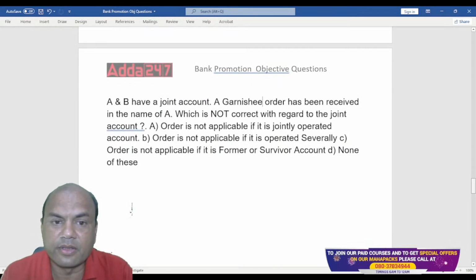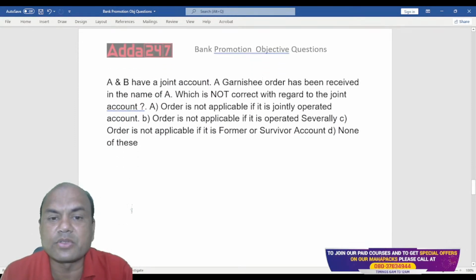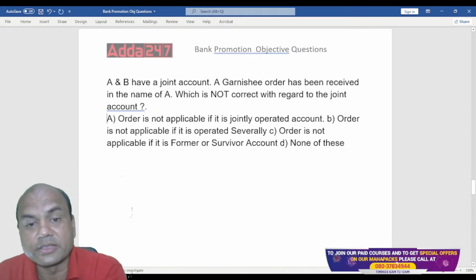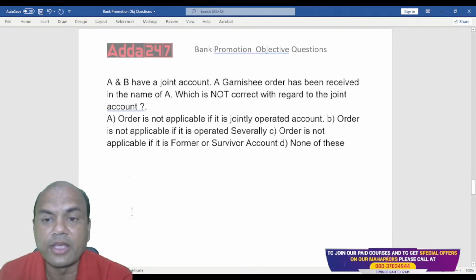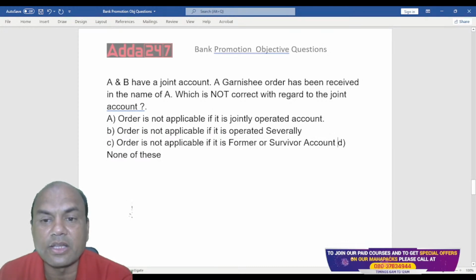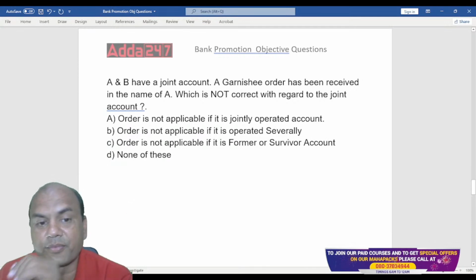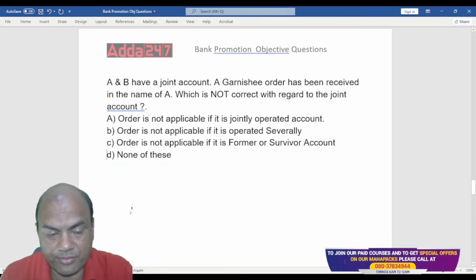Next one. A and B are having a joint account. A Garnishee order has been received in the name of A. Which is not correct with regards to the joint account? So it's a similar question to the earlier one. Order is not applicable if it is jointly operated.